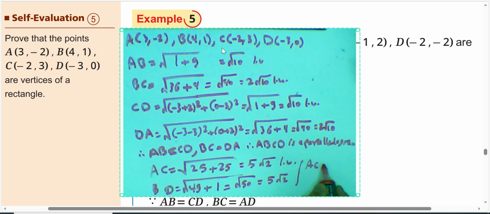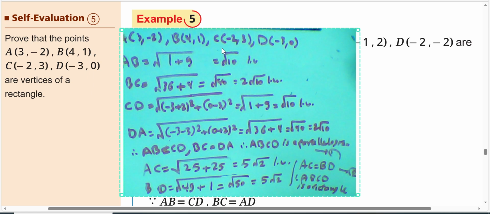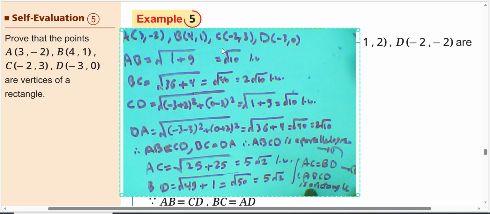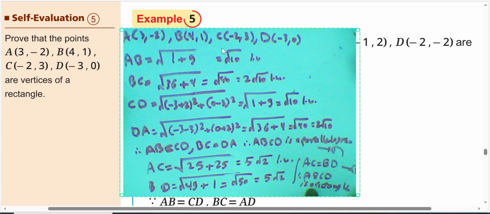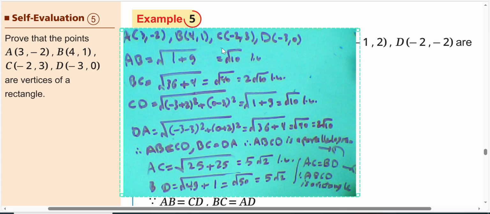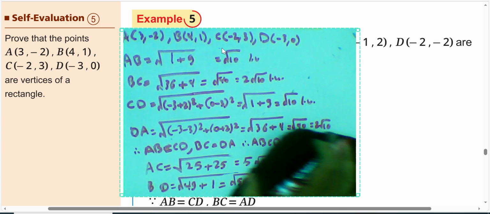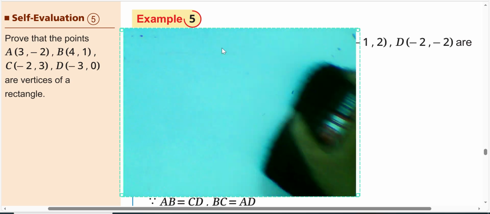Then AC equal BD. Then ABCD is a rectangle. This is the first condition, and this second condition. From relation number 1 and 2, then ABCD is a rectangle because each opposite side are equal in lengths and two diagonals equal in lengths. The vertices of rectangle. Okay. Next question.